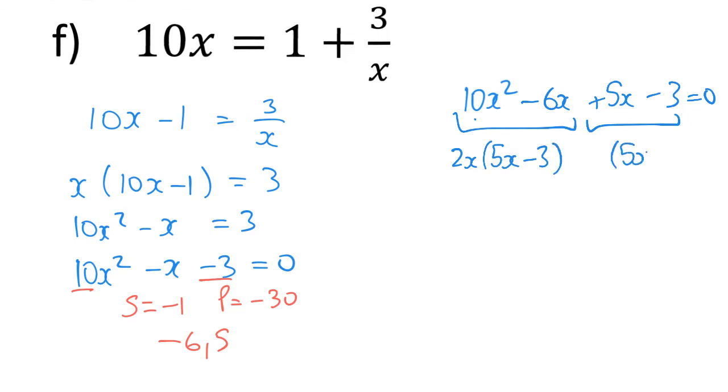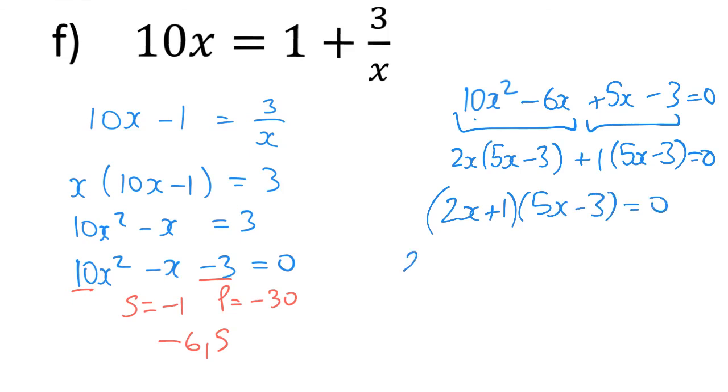Repeat the bracket. And we need to multiply 5x minus 3 by plus 1 to get back to 5x minus 3. So our two brackets then are (2x plus 1) and (5x minus 3) equal to 0, meaning that 2x plus 1 equals 0, or 5x minus 3 equals 0.